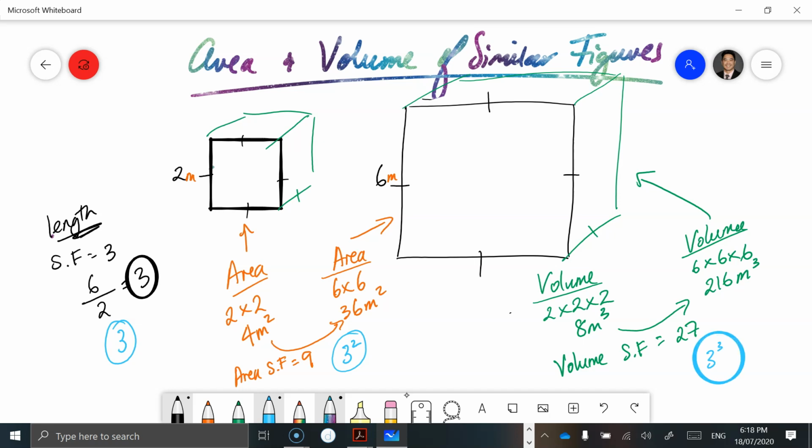The good thing is that when you look at the scale factor of length, area, and volume, it all applies with the same rules: area is squared and volume is cubed, all relative to the scale factor of the length. Hopefully that helps you guys with these questions. If you've got any questions, let me know, and I'll see you in the next one.